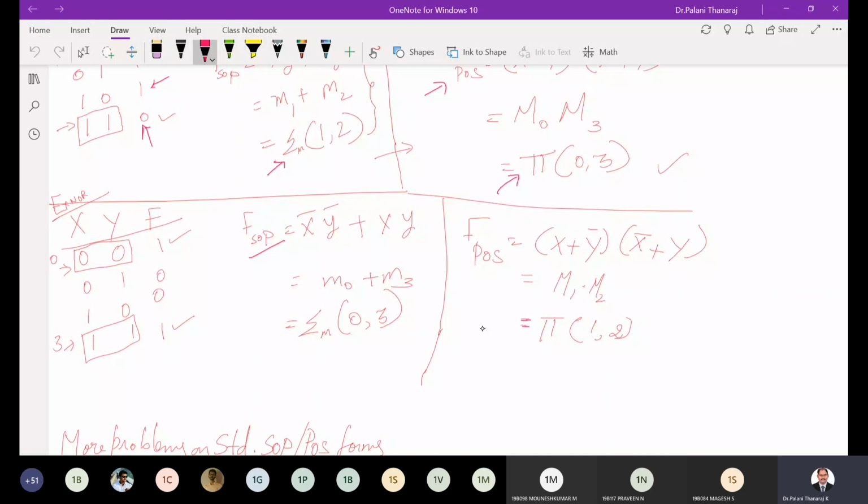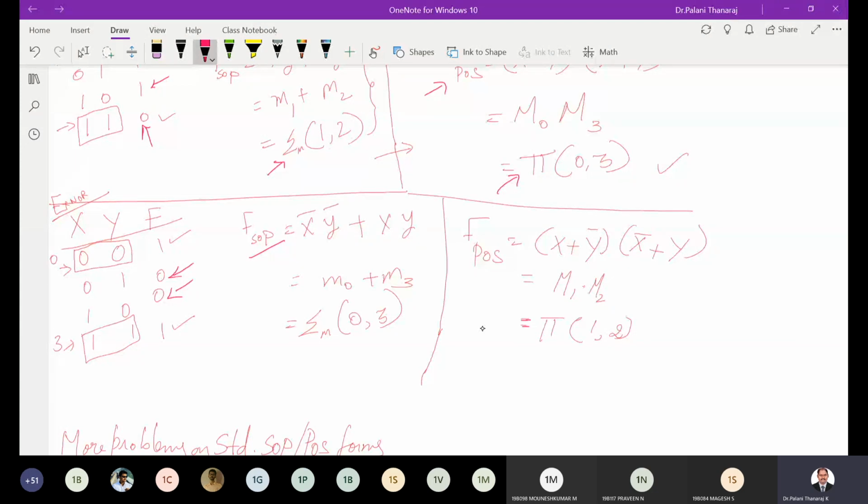Likewise, if you are writing a POS of this XNOR gate, I'll be looking at what? Output zeros. So 2 output zeros means that 2 sum terms, and I have to combine sum terms with Boolean multiplication. So I see that its combinations are 0, 1 and 1, 0. So in POS, 0 is a variable, 1 is its complement.